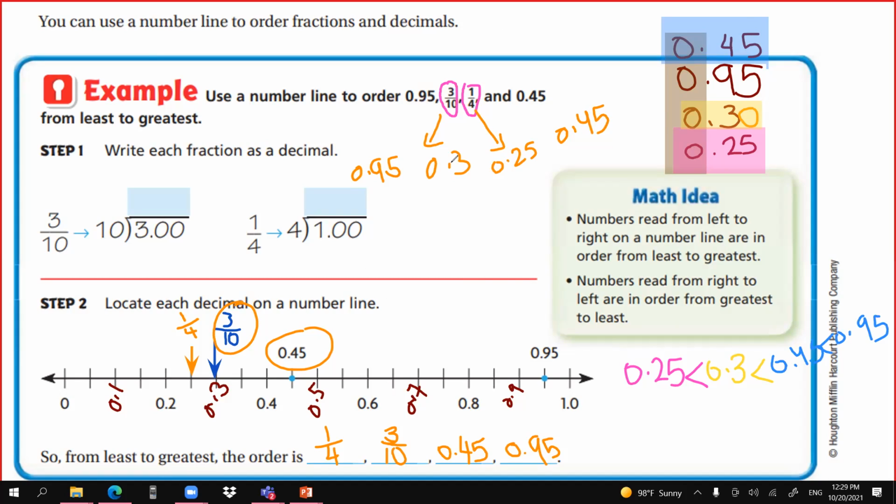Now, what's your question? Why I put 3/10 as 3/10?